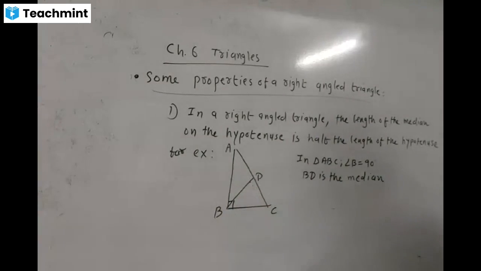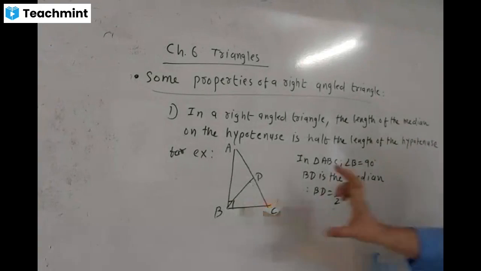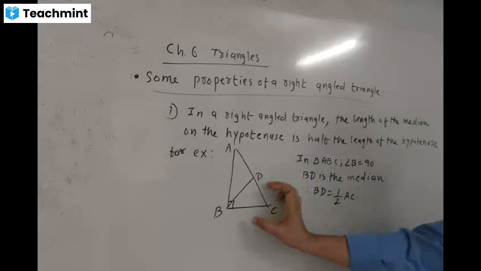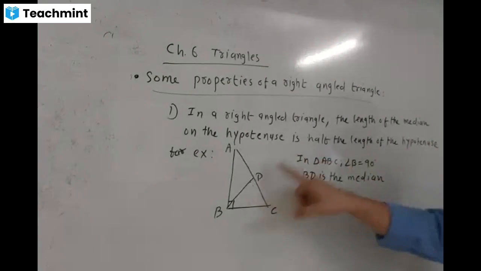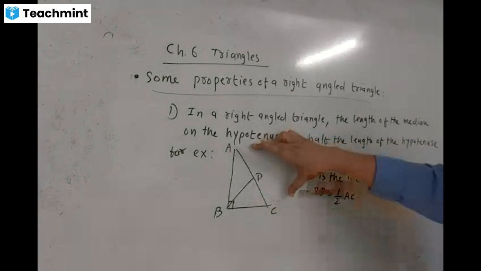Therefore BD is equal to 1/2 AC. In triangle ABC, angle B is a right angle, the median is BD on the hypotenuse AC, so the length of BD is half the length of the hypotenuse. Hypotenuse is AC. BD is equal to 1/2 AC.